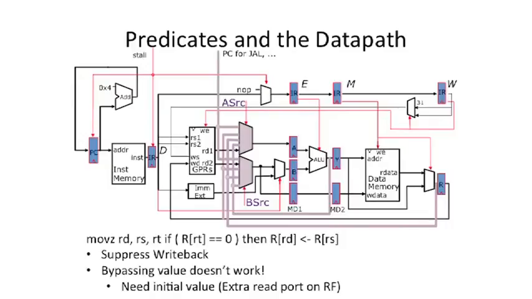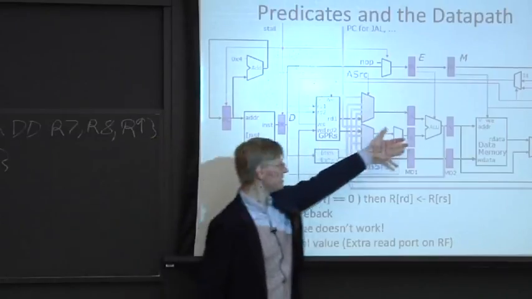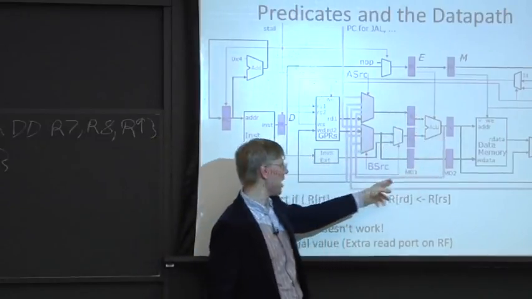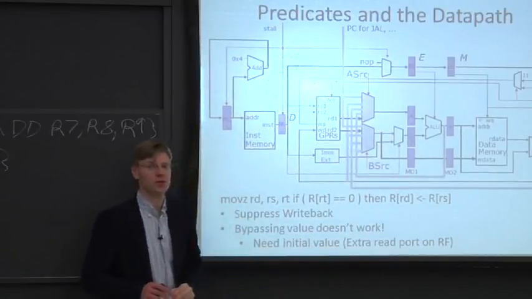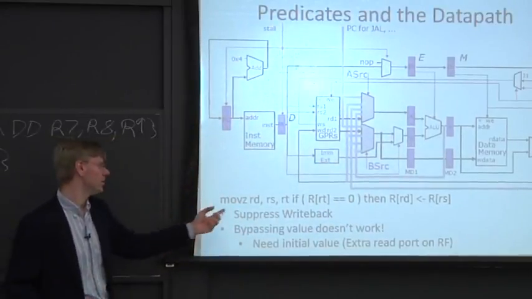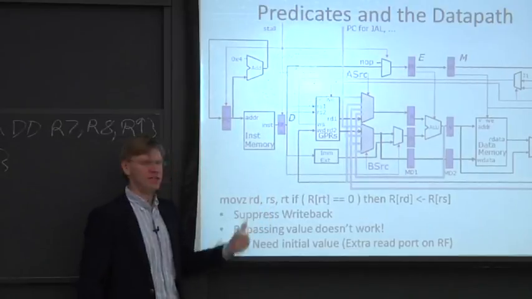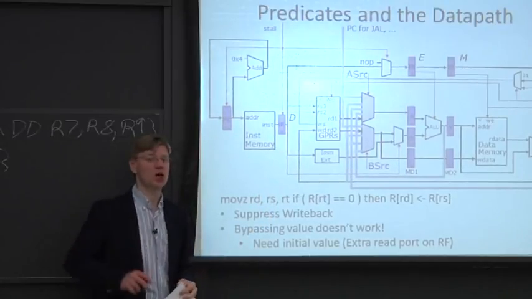And we need to read the condition RT. But aha, we may also need to read RD here. And this is because when we get to this stage here, and we want to use this bypass path to forward the value of what RD is going to be in the future, we need the original RD.